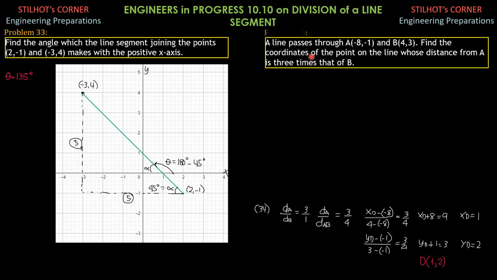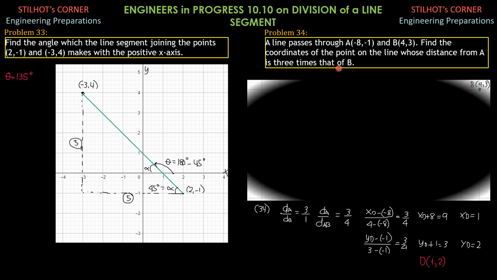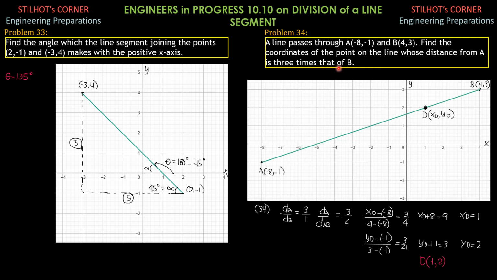Problem 34. A line passes through points A (-8, -1) and B (4, 3). Find the coordinates of the point on the line whose distance from A is 3 times that of B. To help analyze the situation, let's plot points A (-8, -1), correctly plotted, and B (4, 3), also correctly plotted.